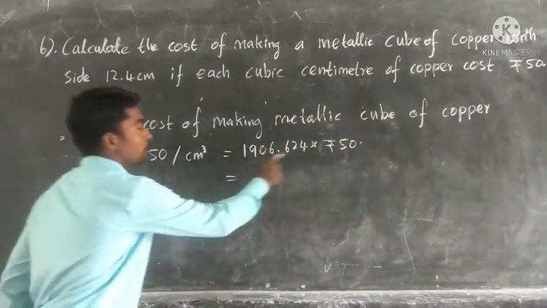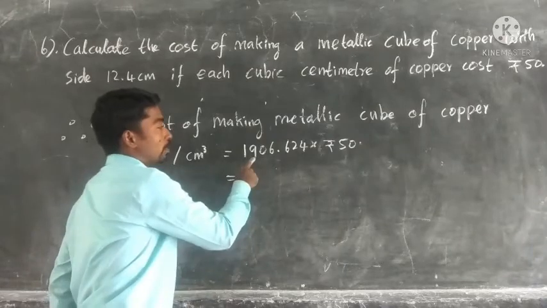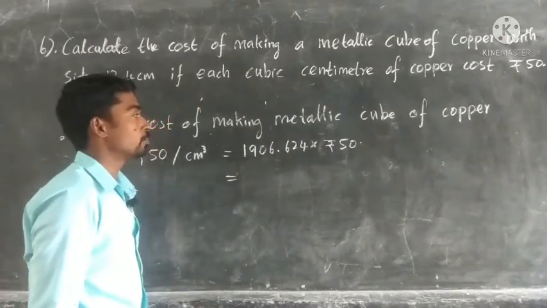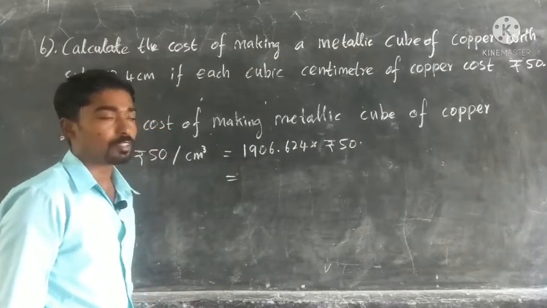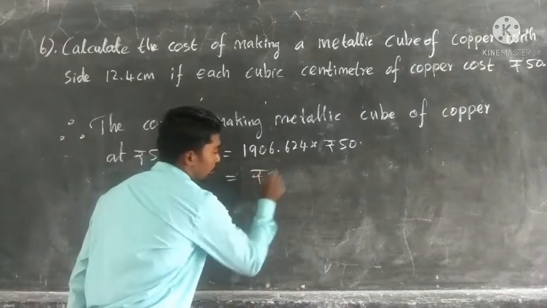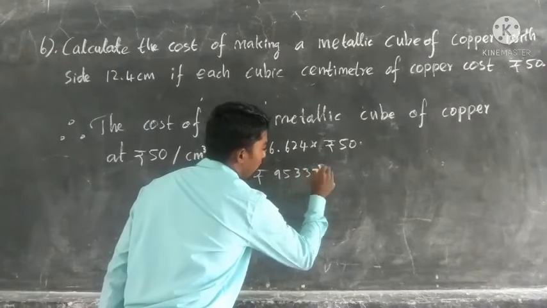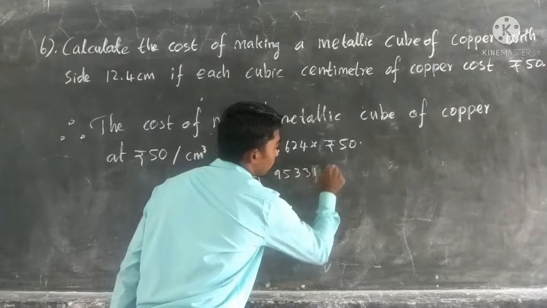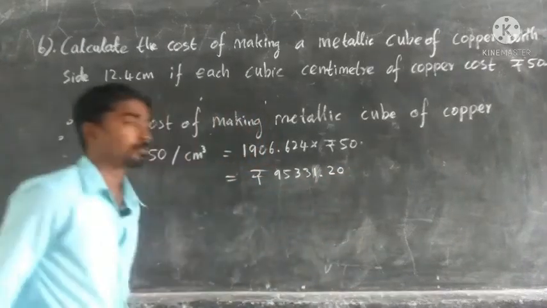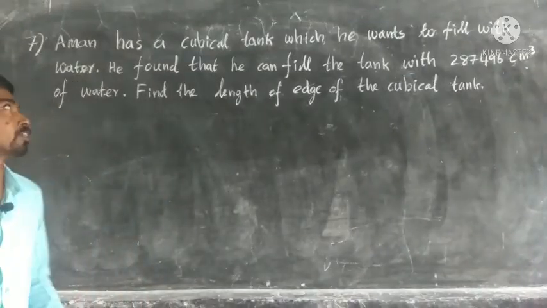You multiply these values, that is 1906.624 into 50 rupees, we will get 95,331.2. Next question, question number 7.